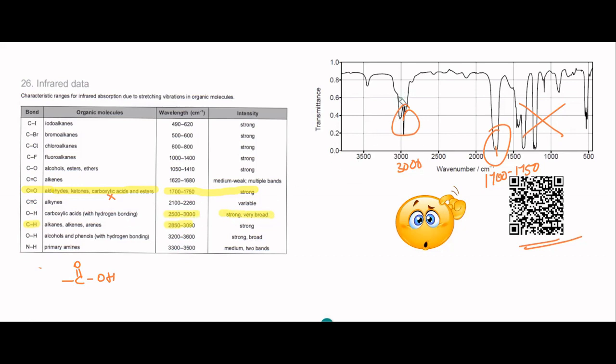This is not that strong. Strong one means it has to come way down, till here, and it has to be really broad, something like this. It has to come really deep down. This is only a moderate peak. So it's not carboxylic acid.